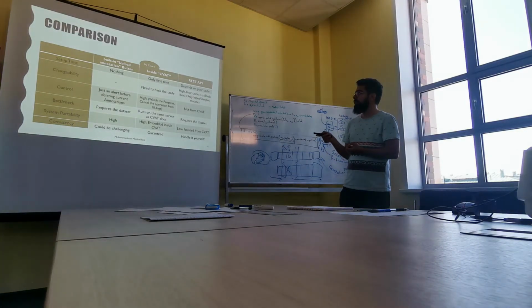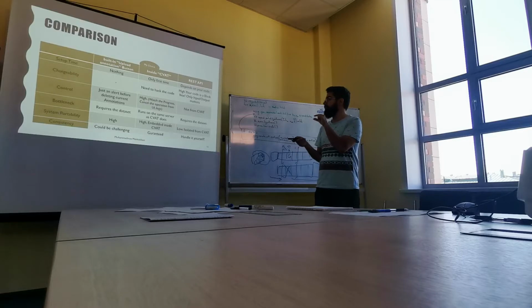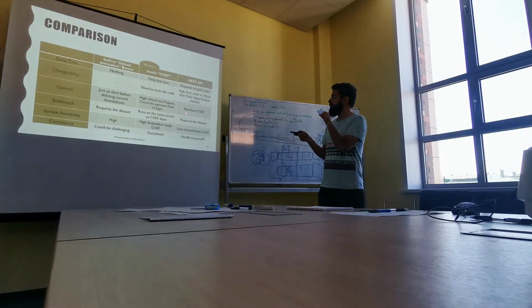And for control, you have an alert when using the upload or dump button inside CVAT. Here in the picture we see there is a progress indicator, and you can even cancel the process. But with the REST API, there is no control from CVAT.